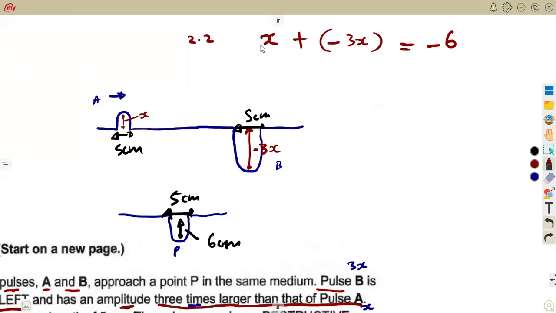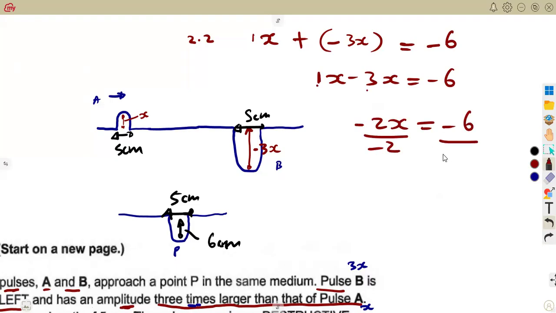So what is the value of x? This is 1x, so it's plus or minus. That's a minus, guys, which is -6. We are back to our equation: 1 minus 3, that's -2x is equal to -6, divided by -2 on both sides. So x is going to be equal to 3.